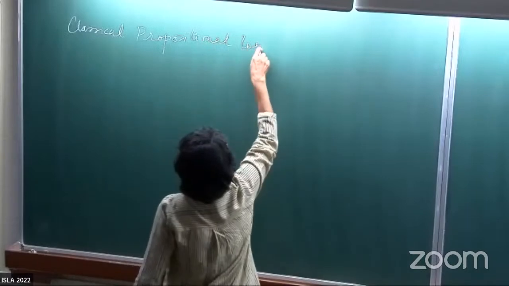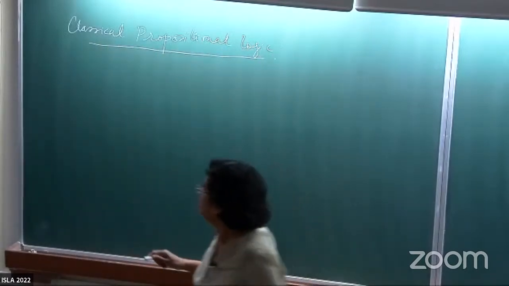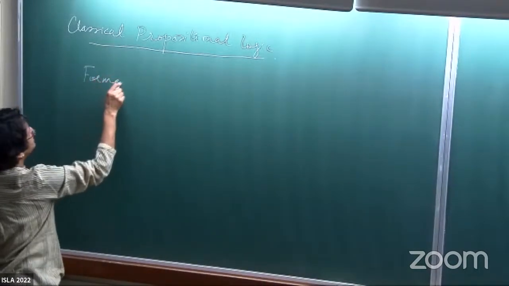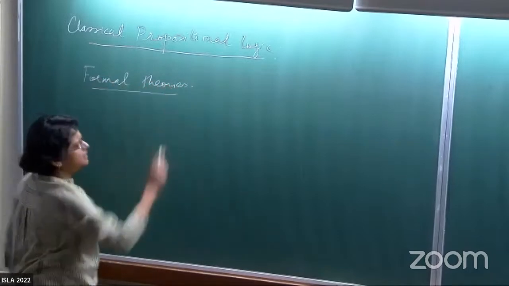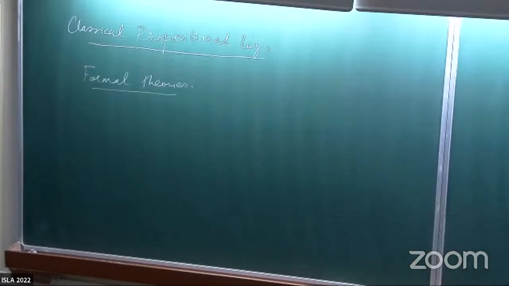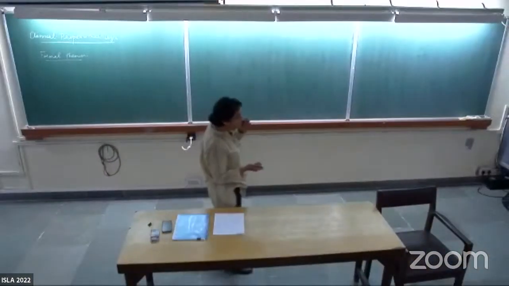So in order to get to that, let me briefly motivate by talking about what are known as formal theories. In our daily routine in mathematics, we encounter theorems all the time, and then we prove those theorems. In order to prove those theorems, we may be utilizing some other results, which are sometimes called lemmas.